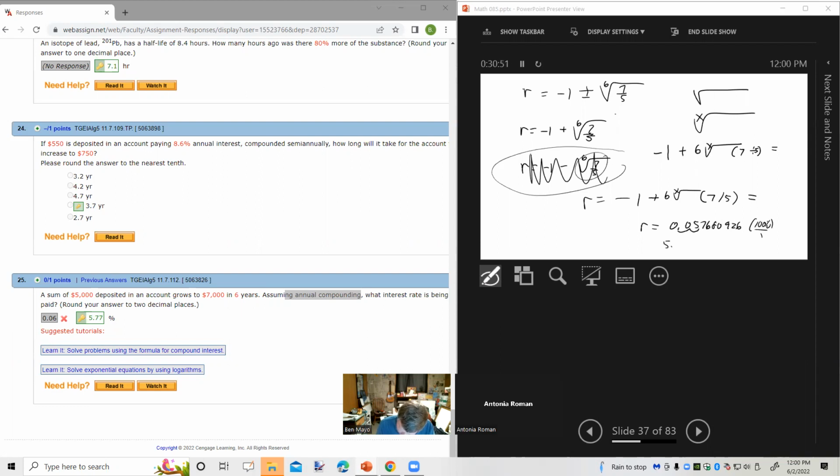So I get 5.7680926%. But it says to 2 decimal places. That's your second decimal place. The 8 would round up. So the rate would be 5.77%. Boy, that's a messy problem, isn't it? Yes, it is. It's like everything we've ever learned since kindergarten in one problem.